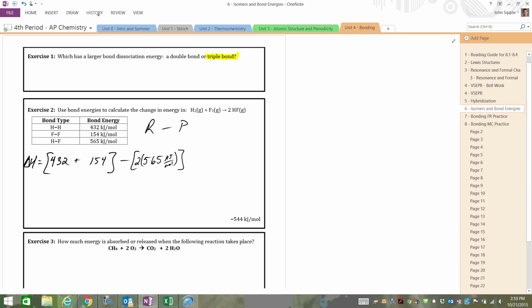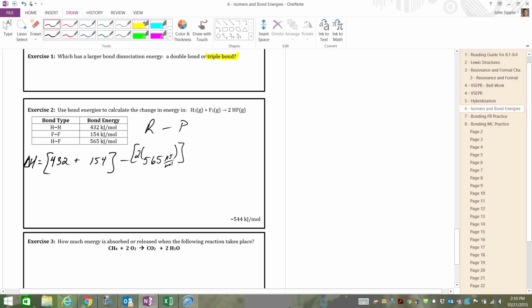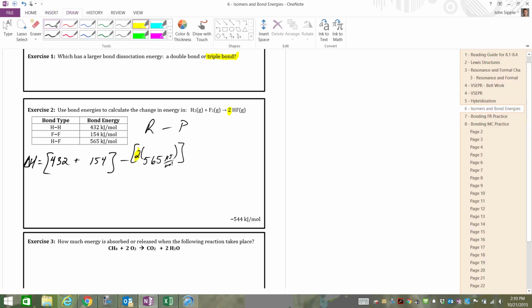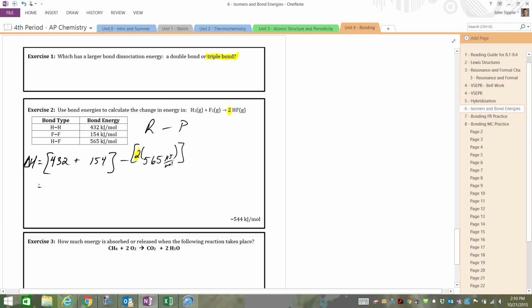The 2 is coming from the balanced equation. So we pull out the calculator. 432 plus 154 is 586 kilojoules per mole, minus 2 times 565, which is 1130.